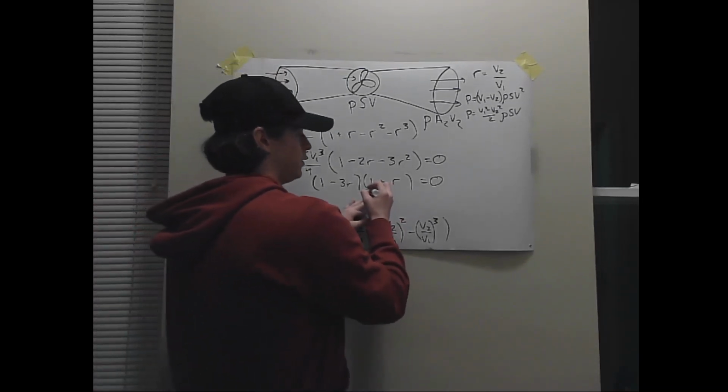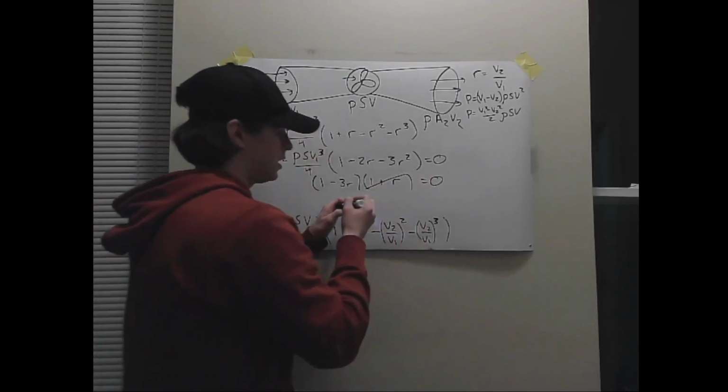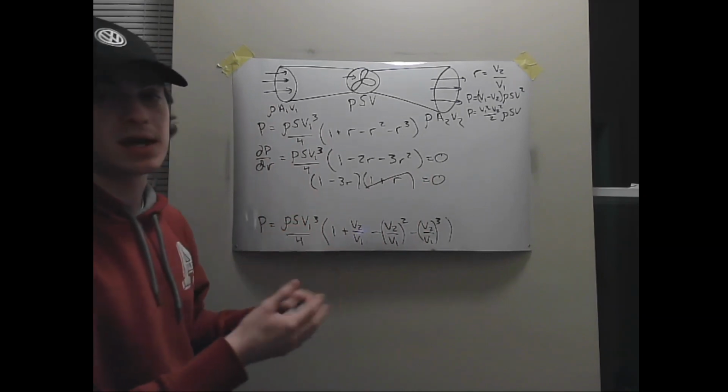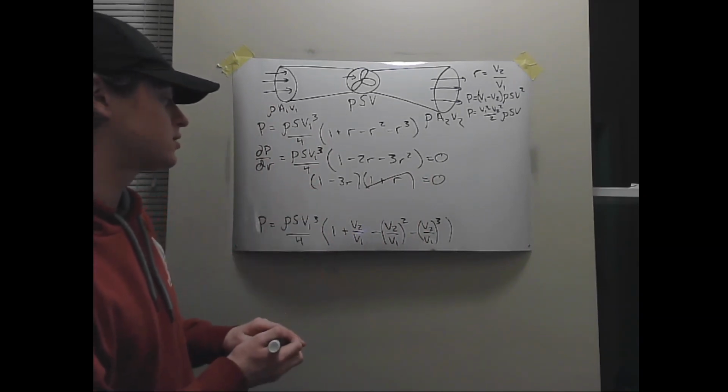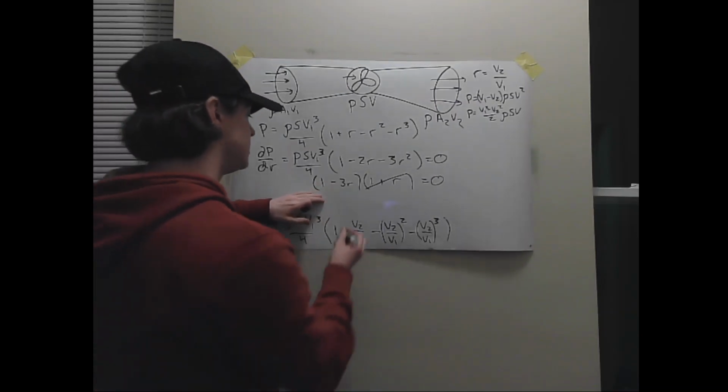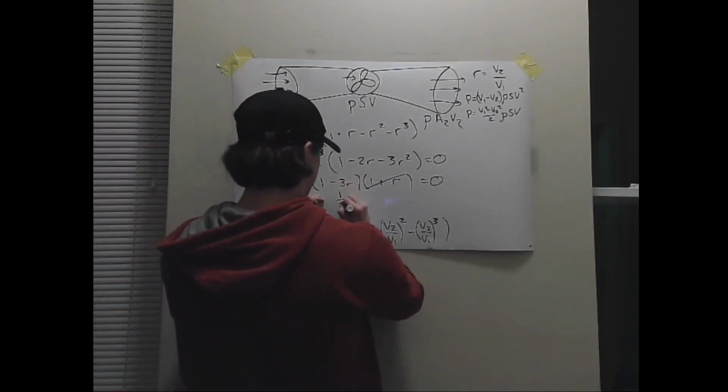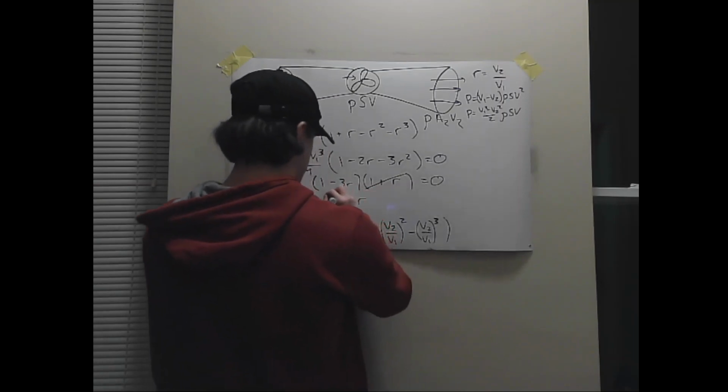And so if we solve this solution, it'll give us a negative number, so that's clearly not the solution to our problem. So if we go ahead and solve this left side, we get 1 over 3 equals R.